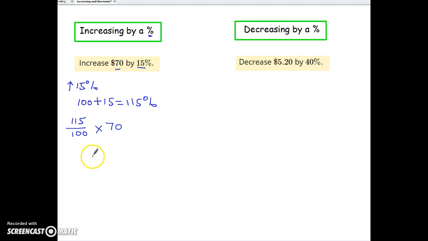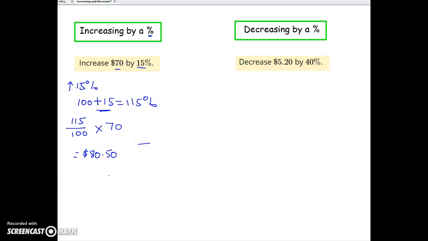Go to your calculator. And you should get an answer of 80.5. Because we started with dollars, we would put dollars back in, $80.50. So if you're increasing, you add the 15 or the 10 or whatever percentage you've got.